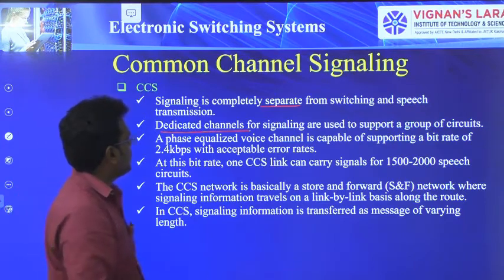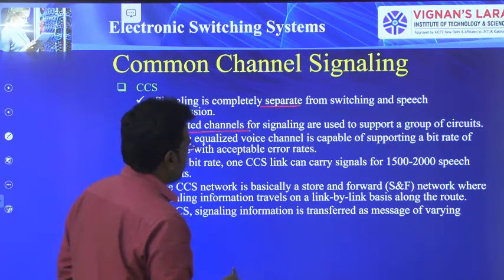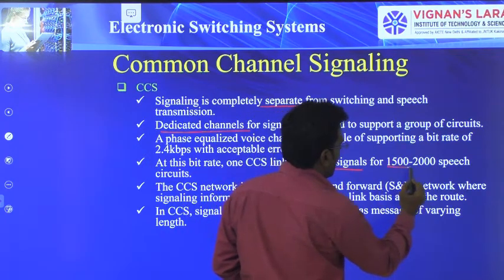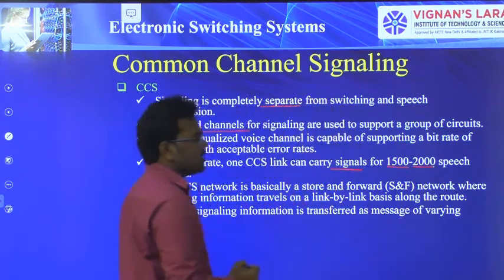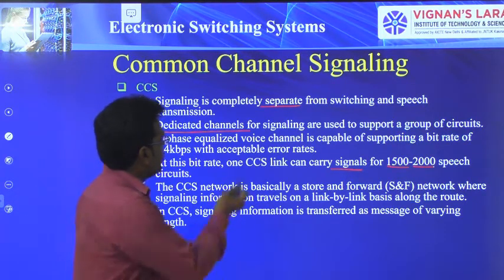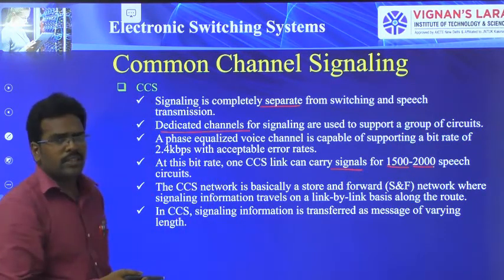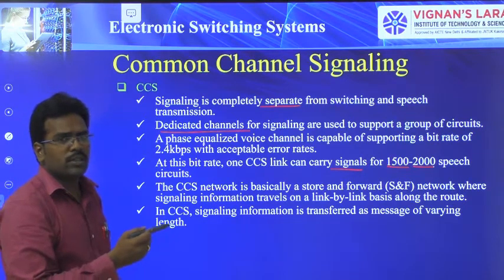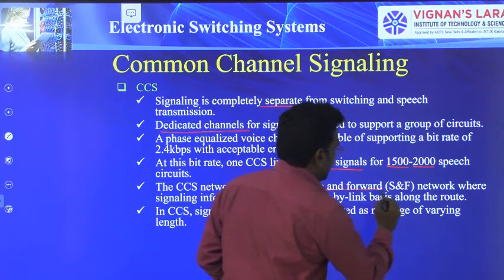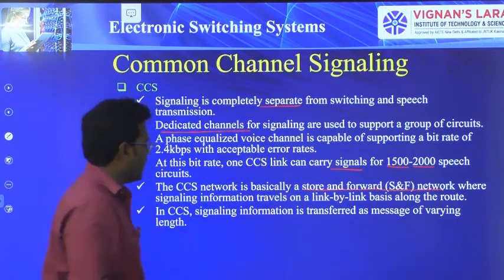Generally, with the help of these channels, it can support signaling for 1500 to 2000 speech circuits. One more thing is, common channel signaling uses the store and forward concept. Store and forward network.